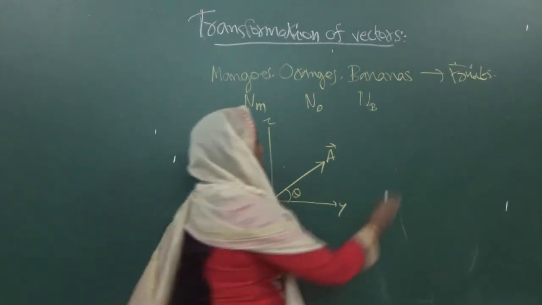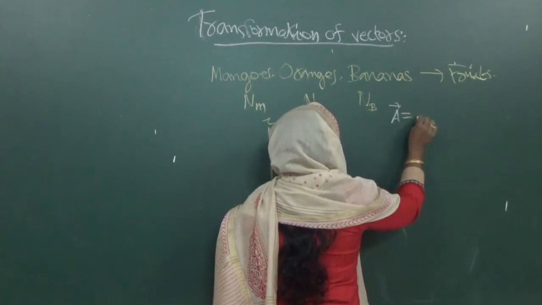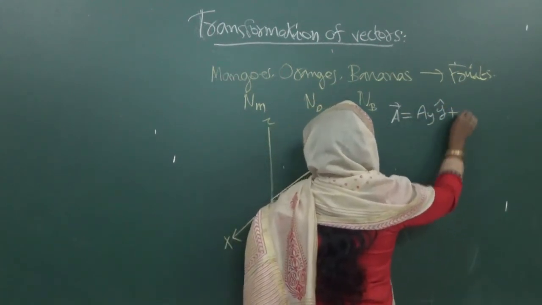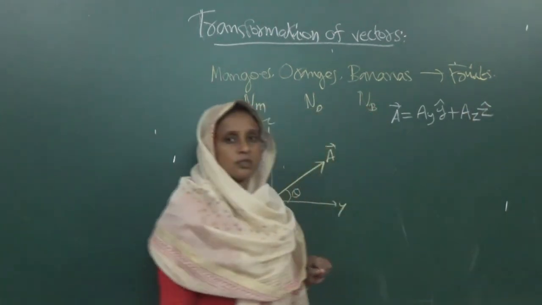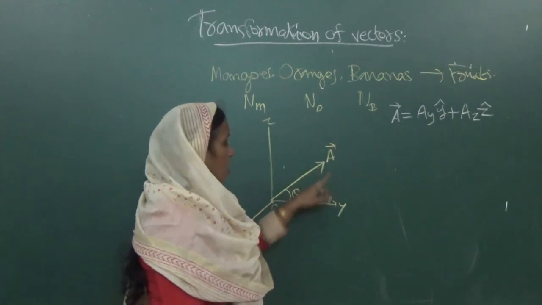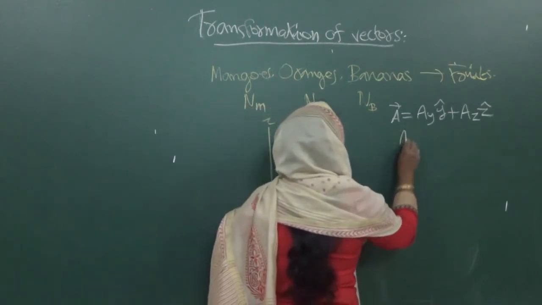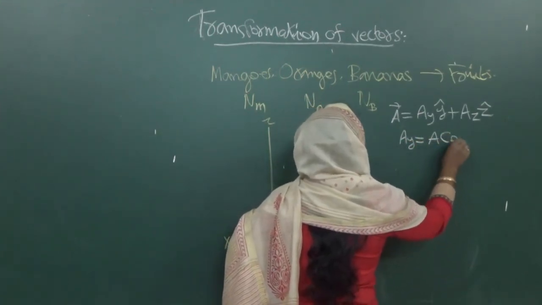So we can write vector A equal to Ay y cap plus Az z cap. What is Ay? The component of A along the y direction: Ay equals A cos theta.